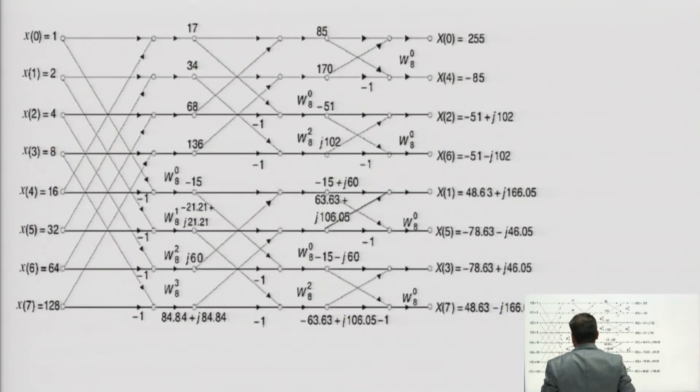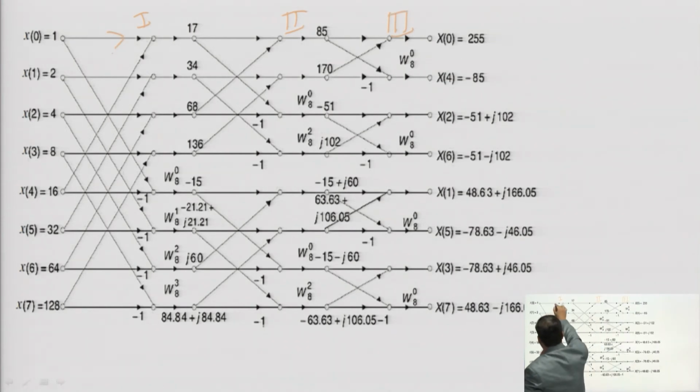Now, simply you can solve this question like in the previous example, this was your first stage, this was your second stage, this was your third stage of the butterfly structure. Easily you can calculate here, this plus this. So, 1 plus 16 is equal to 17, similarly this plus this, 2 plus 32 is equal to 34, similarly minus will be there.